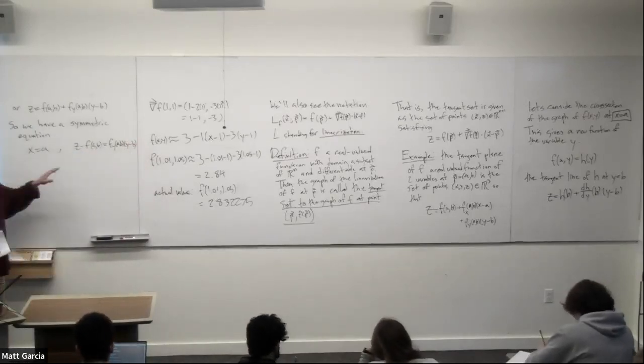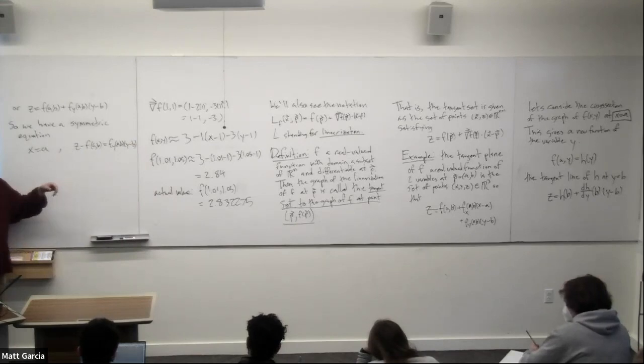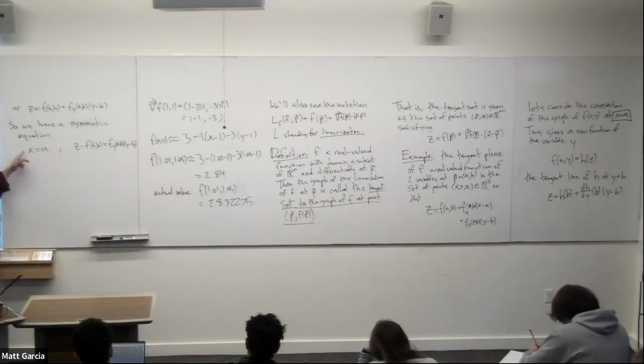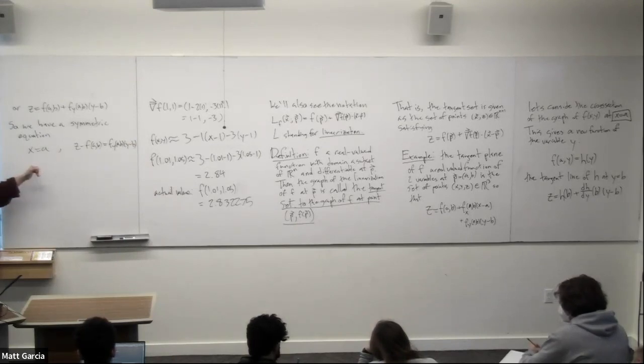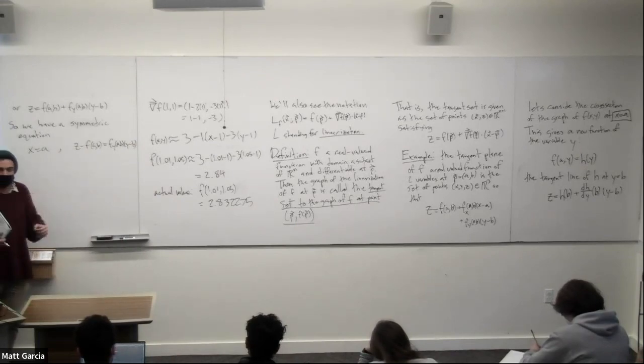Remember, this is kind of the degenerate form of a symmetric equation where the coefficient on the normal vector for x is 0, so we can't divide by it. So we get 2 equations instead of a string of 3 equalities.